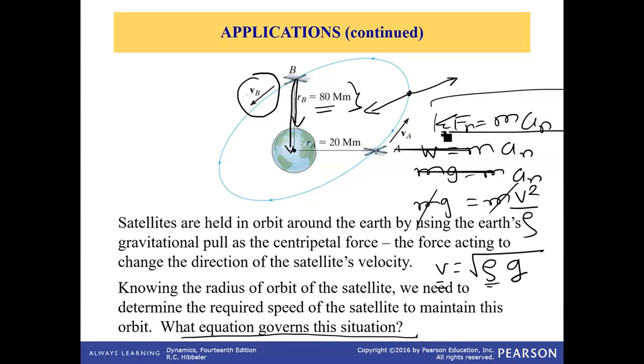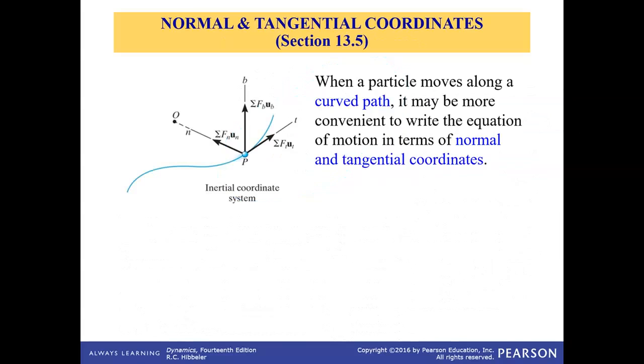This is the sum of forces in normal direction, and this is the final equation. So once again, the normal tangent binormal coordinate system. The particle is going through this curved path, at any given instant at P. The particle experiences tangential acceleration, which is sigma Ft equal to m at.